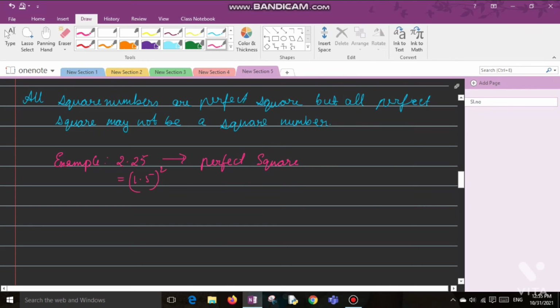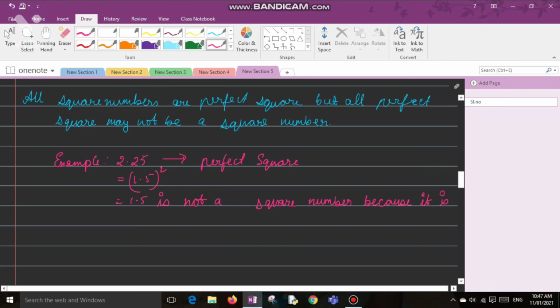But 1.5 is not a square number because it is not a square of any integer.